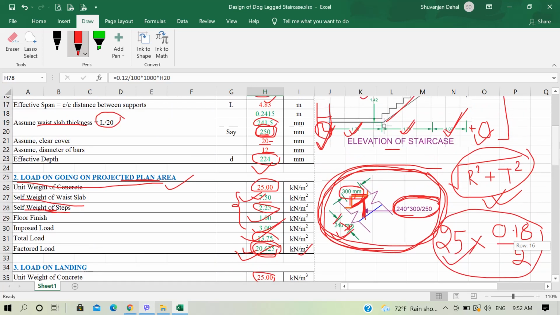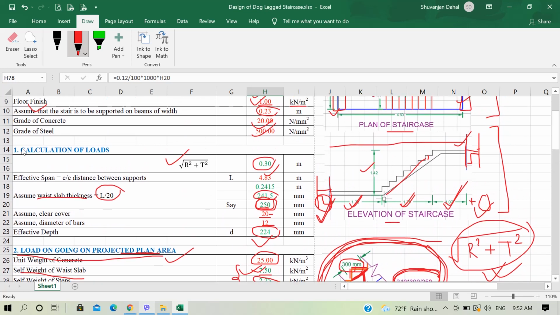If you go up and see here, you can see that we have taken the overall depth of our slab to be 250 mm, and this 250 mm is a very large depth. Aesthetically or architecturally also, this depth is not very much wanted by the clients or by any person building a residential house, because this 250 mm is a very big thickness for the slab.